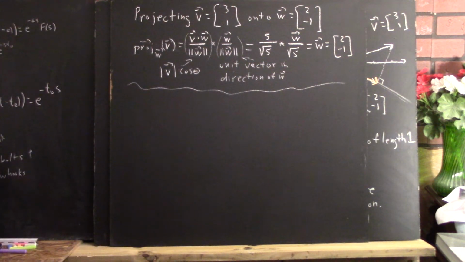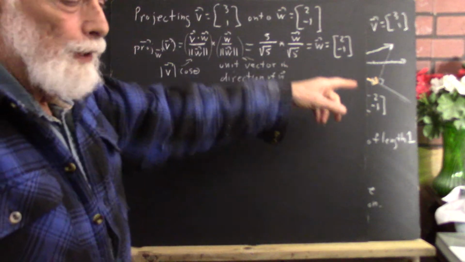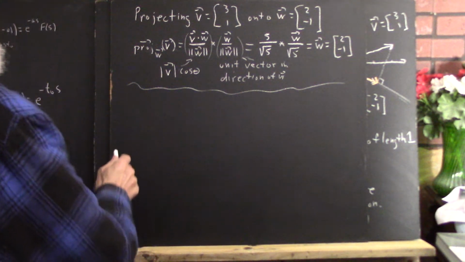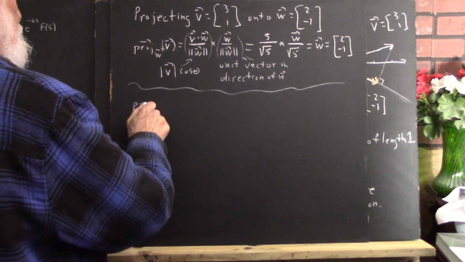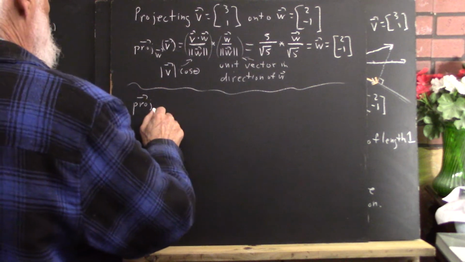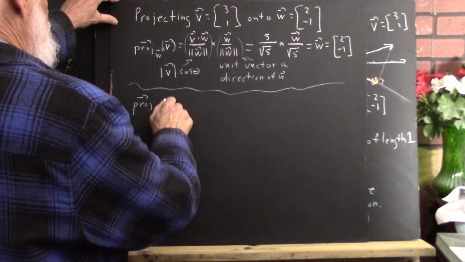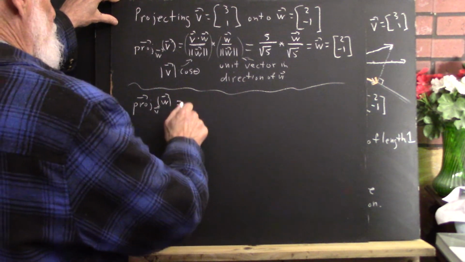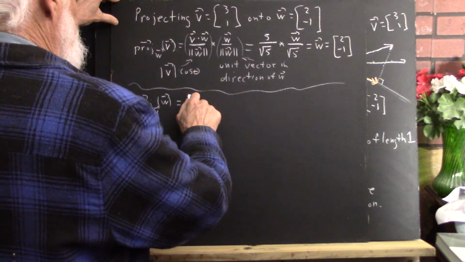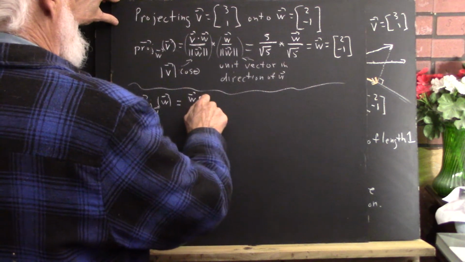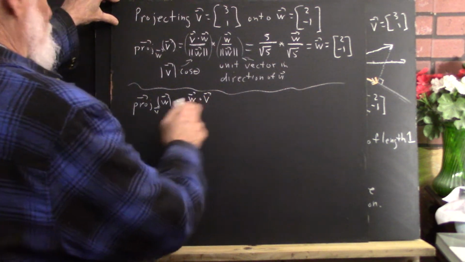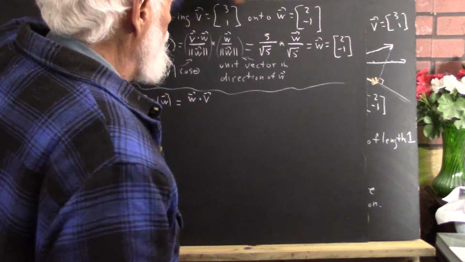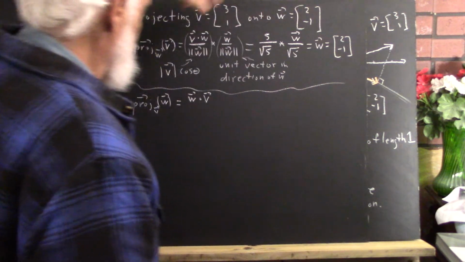Now, who would have thought? Since that projection worked out the way it did, let's just do the projection of W onto V. So projection onto V of W. And of course that equals W dot V, and of course W dot V is the same as V dot W. Doesn't matter in which order you do the multiplications of the first numbers and the second numbers.